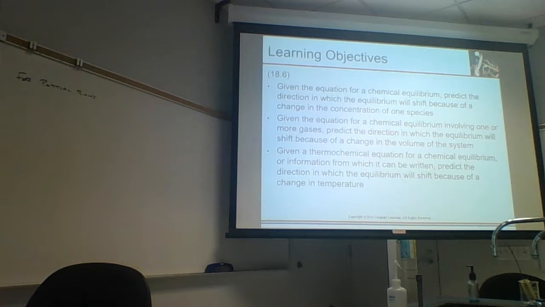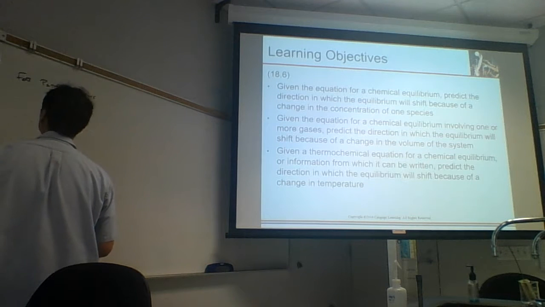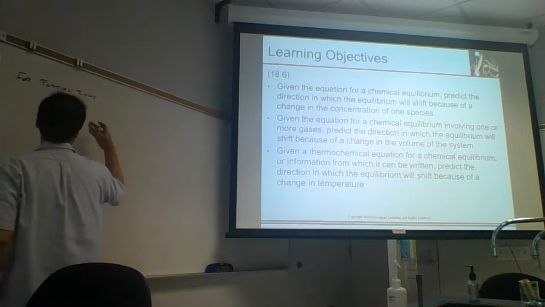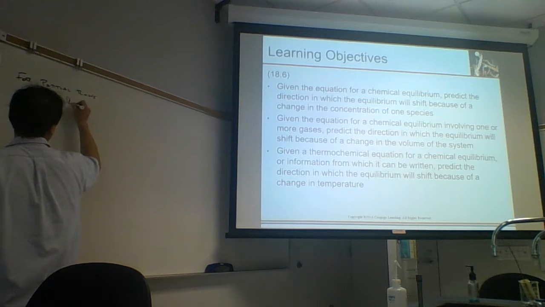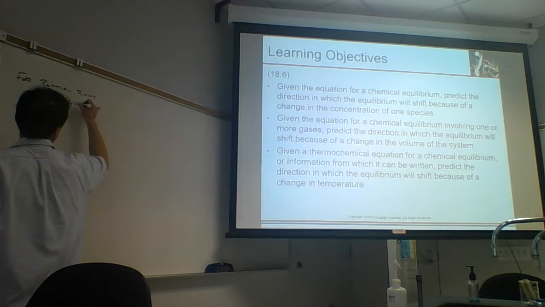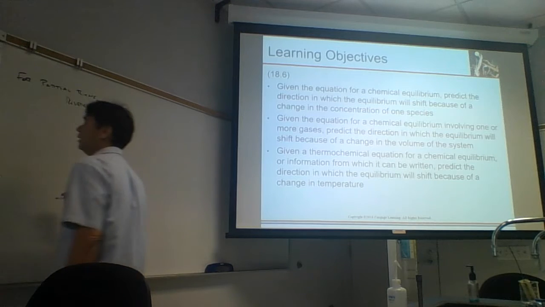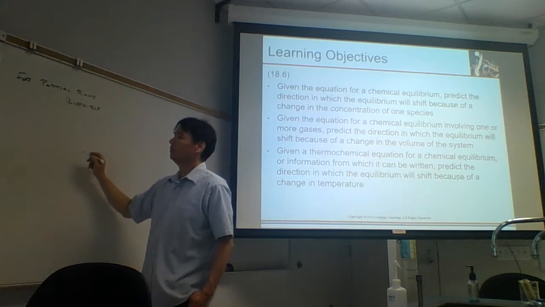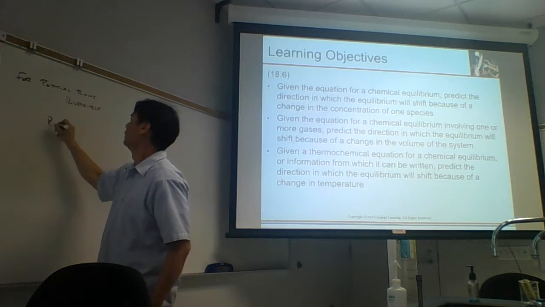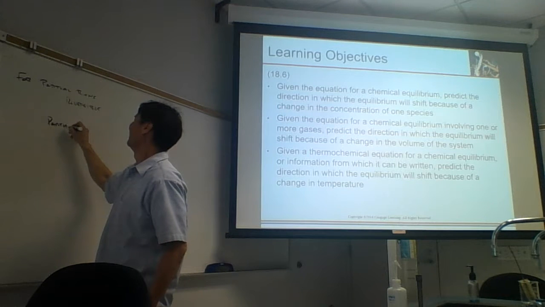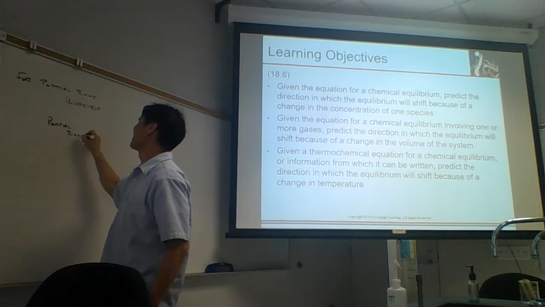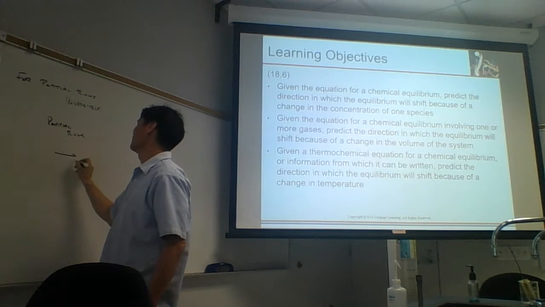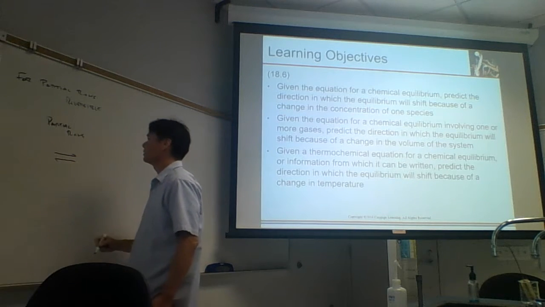But there are some reactions where we're going to have partial reaction, or in other words, these are what we call reversible reactions. We have these partial reactions, and the extent of the partial reaction depends on different factors.